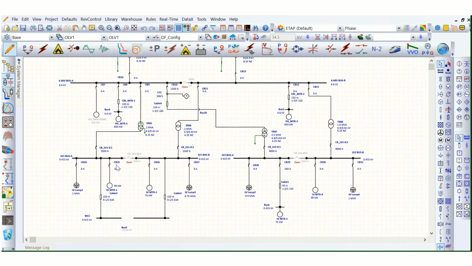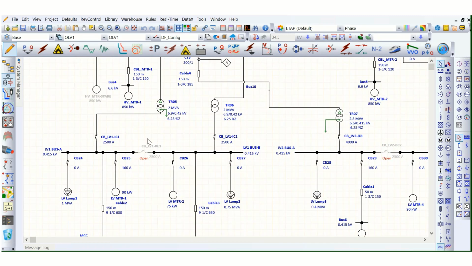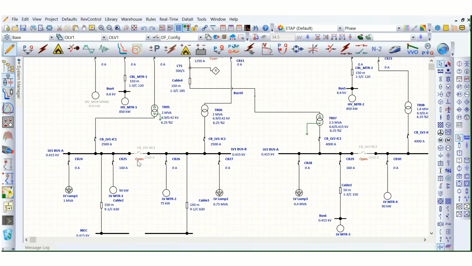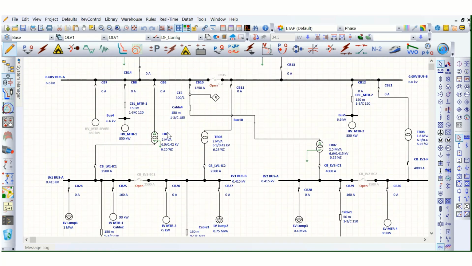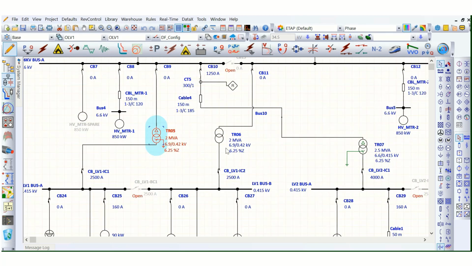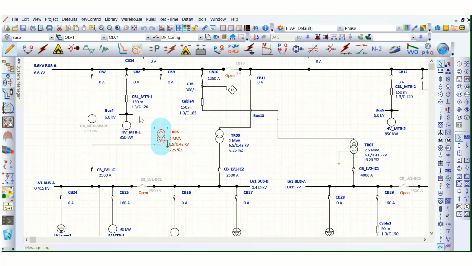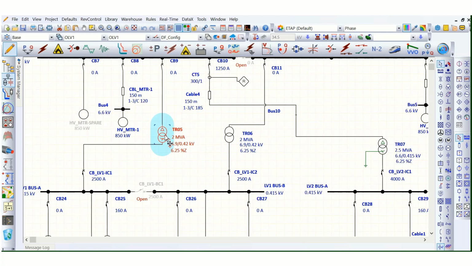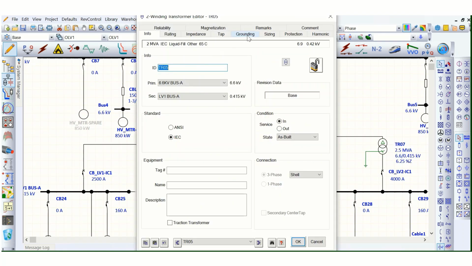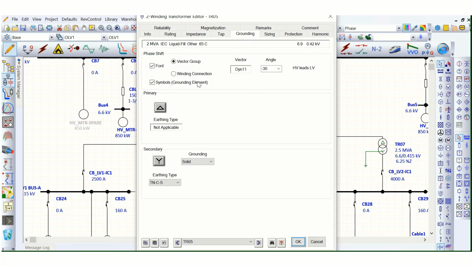Okay, so today's point of discussion relates only to the grounding perspective. So this is the distribution transformer. As you can see, this is a 2 MVA distribution transformer stepping down from 6.6 kV to 415 volt voltage level. So let's check here under this grounding tab.